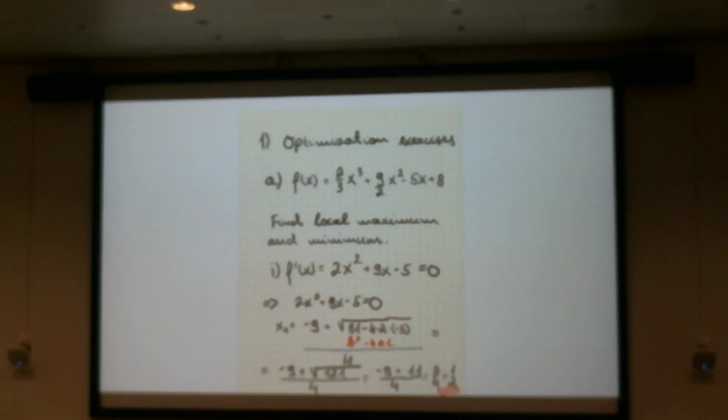One at 1/2, and for the other one we use the exact same formula, just flipping the sign in the middle. So x2 is equal to minus 9 minus the square root of 121, which is 11, divided by 4. That's minus 9 minus 11 divided by 4, minus 20 over 4, equals minus 5.